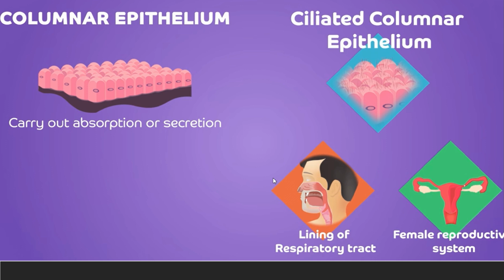So columnar epithelial cells carry out absorption and secretion, but in some cases they need to move the material in or out. As I have given you one example of the respiratory tract, the lining of the respiratory tract has these ciliated columnar epithelium, and the female reproductive system also has ciliated columnar epithelium in the fallopian tube so that they can move the egg forward.